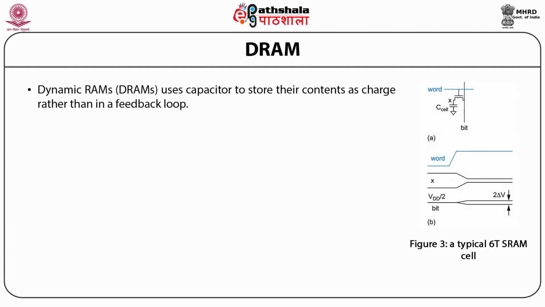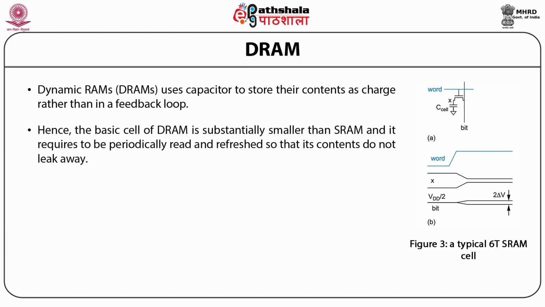DRAM or dynamic RAM uses capacitors to store its contents as a charge rather than in a feedback loop. Hence, the basic cell of DRAM is substantially smaller than SRAM, and it needs to be periodically read and refreshed so that its contents do not leak away.